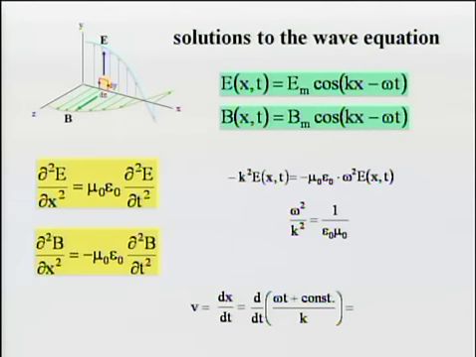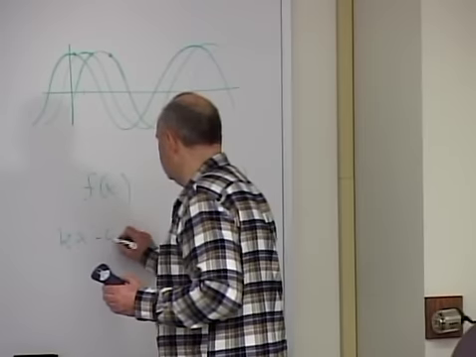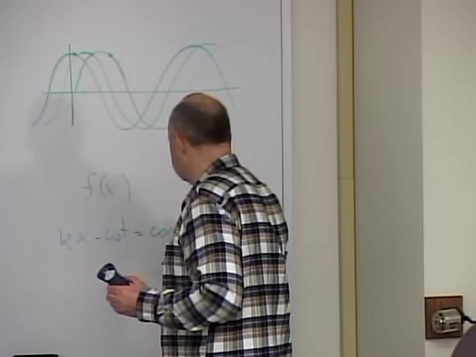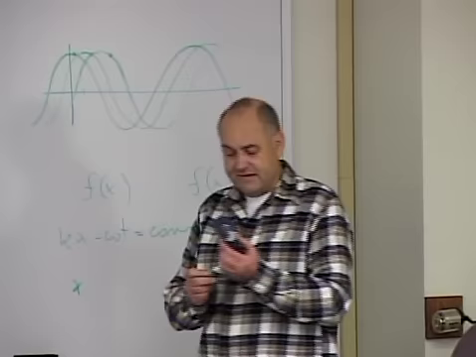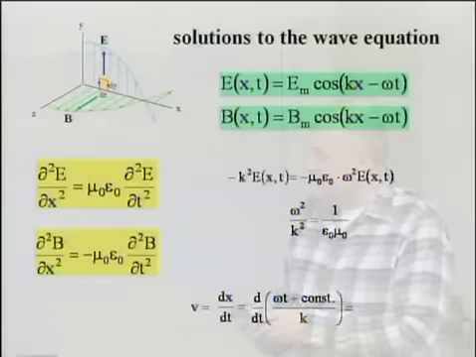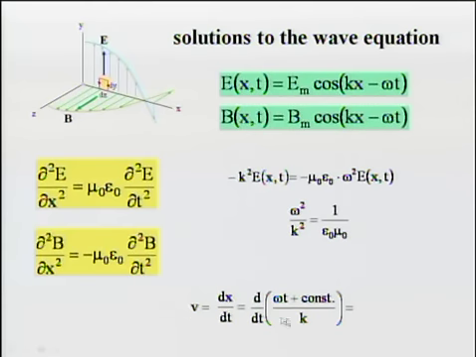It means that you have to change x in such a way that this expression is constant, right? So kx minus omega t is equal to constant, which means that x is equal to omega t plus constant divided by k.